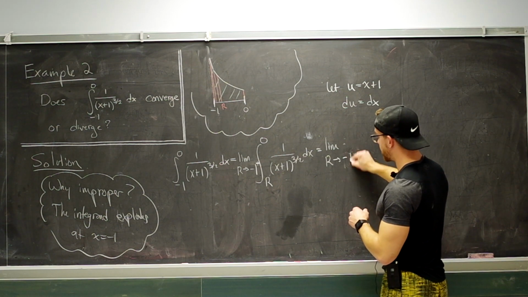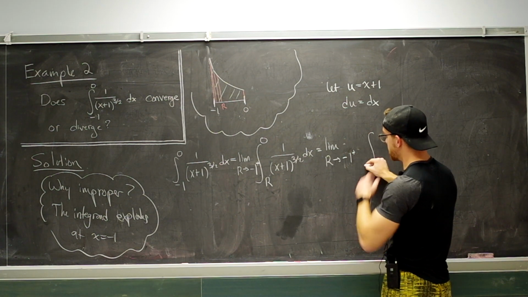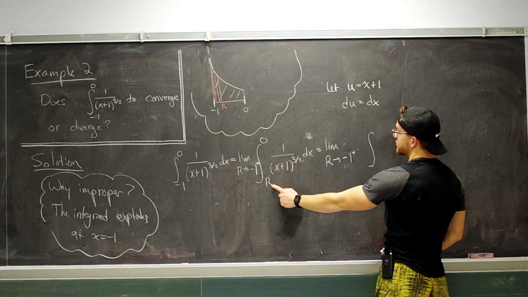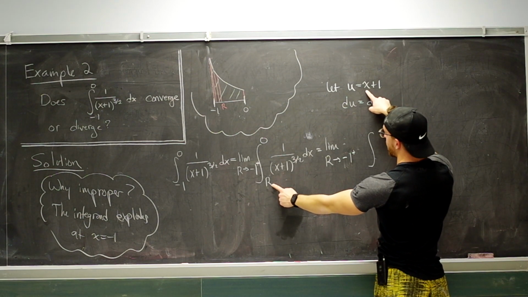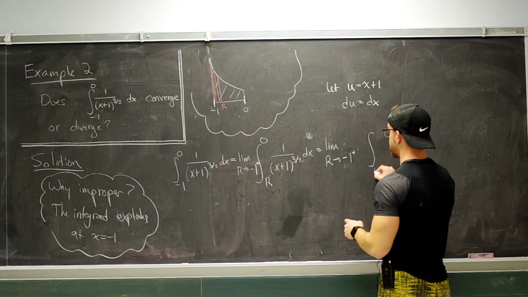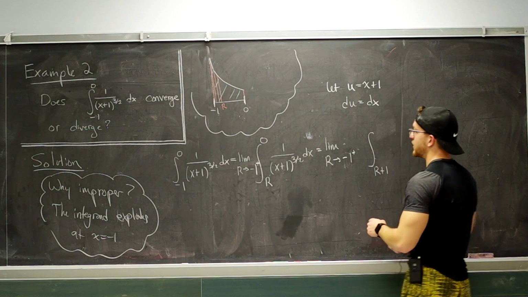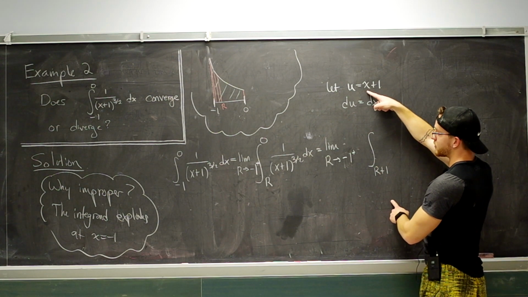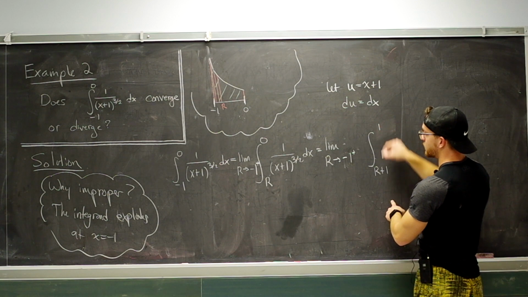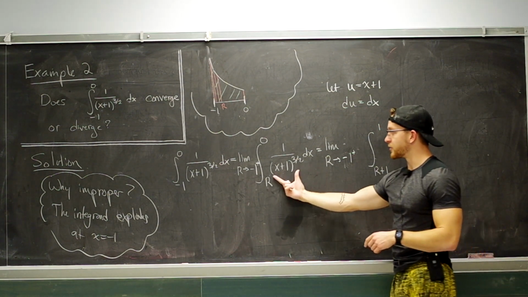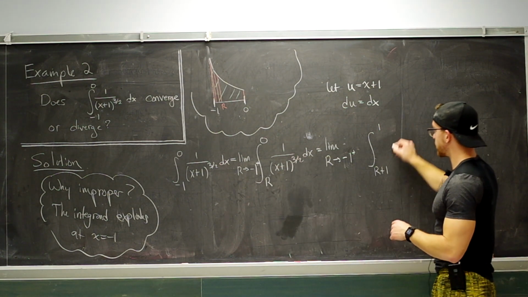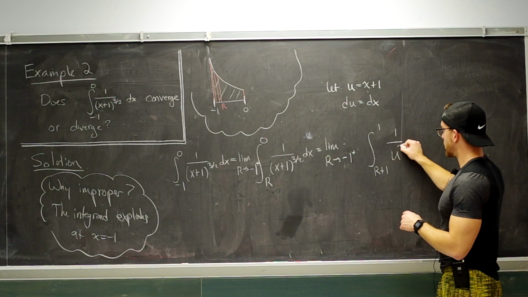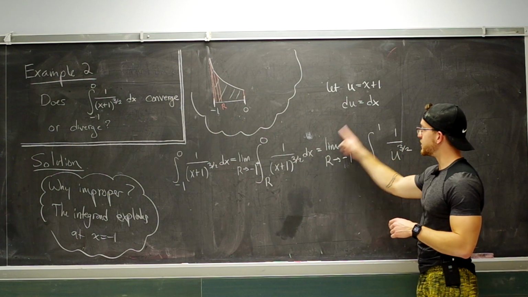The bounds change: when x is r, u is r plus 1. When x is 0, u is 1. The integrand becomes 1 over u to the 3/2. dx is du.